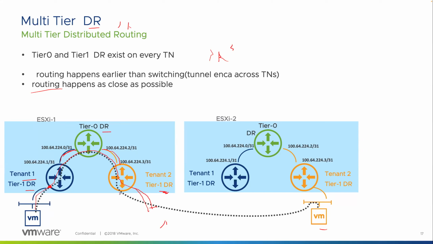For example, these 3 routings have been finished before switching. Switching in NSX means there's a Geneve tunnel encapsulation, and then the packet goes to another transport node via this Geneve tunnel. So this demonstrates the rule: routing happens first, then switching.